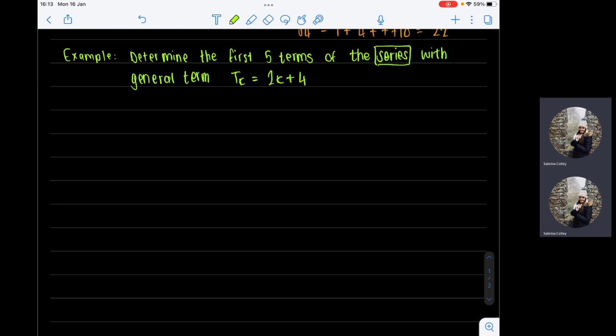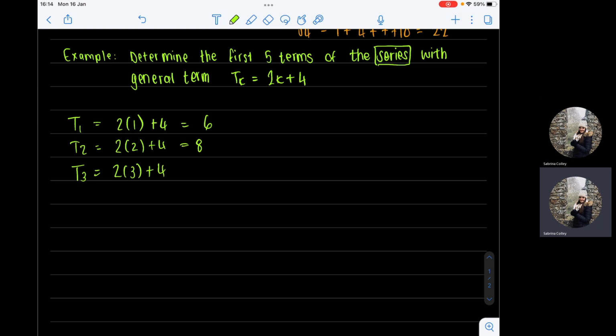Okay, so if I have a look at that, term 1, I would put 1 in, and I would get 6. Term 2, I would put 2 in, and that would give me 8. Term 3, I would put 3 in, and that would give me 10.